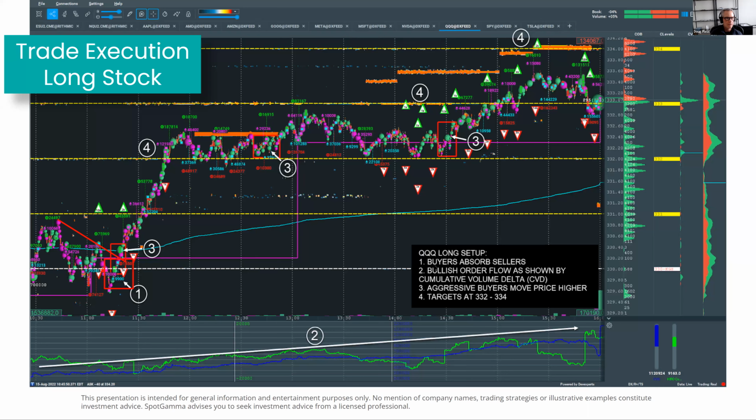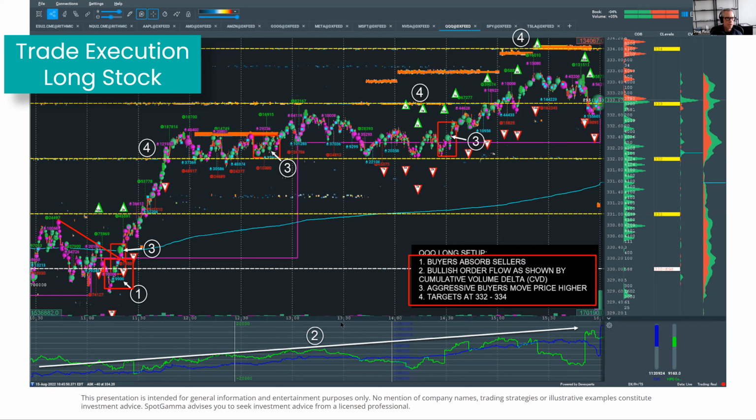So these numbers here showing kind of a step-by-step sequence. First showing the buyers absorbing sellers, that number 1, and 3 is where the aggressive buyers start coming in.